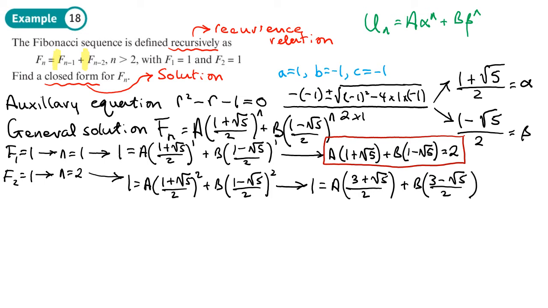So I can times both sides by 2 and I'll get a times 3 plus root 5 plus b times 3 minus root 5 equals 2. So this will be my second equation that I'm going to use to solve simultaneously.